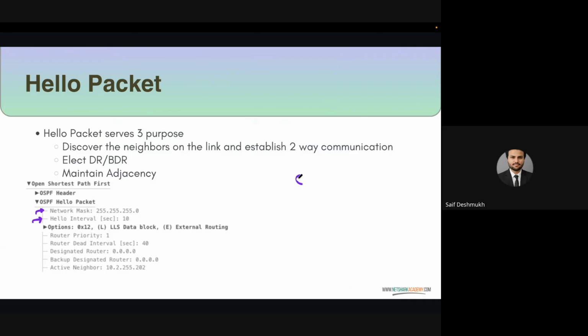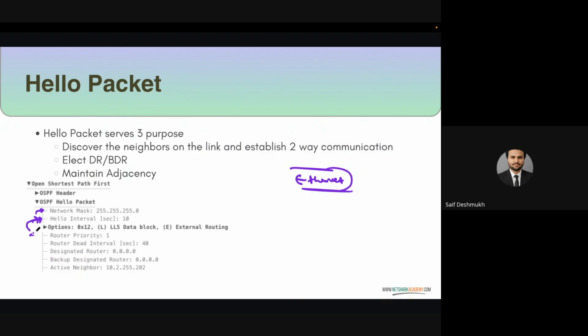I'm talking about the technology behind that interface. It's Ethernet. It doesn't matter whether fast Ethernet or gigabit, the major technology is Ethernet. So based on that, it chooses a specific timer and puts it inside the hello packet when sending. Ethernet technology uses a hello timer of 10 seconds.